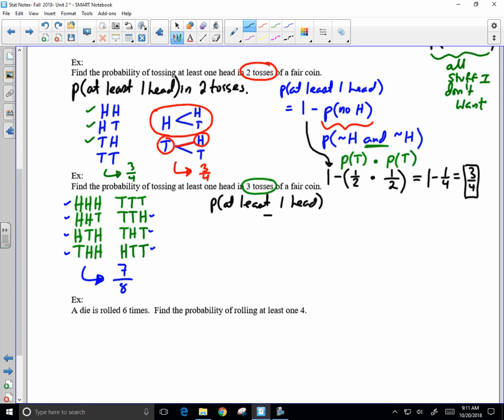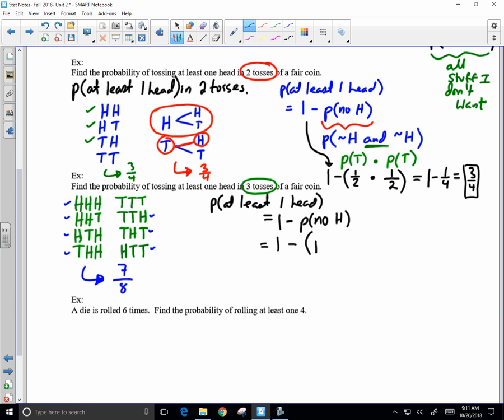Same deal. It means 1 minus the probability of not getting any heads at all, which in turn means 1 minus, well, I don't want heads on 3 separate occasions, which means I want tails on 3 separate occasions.